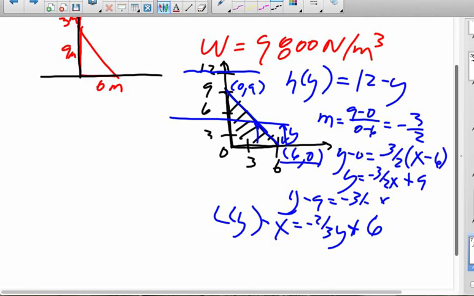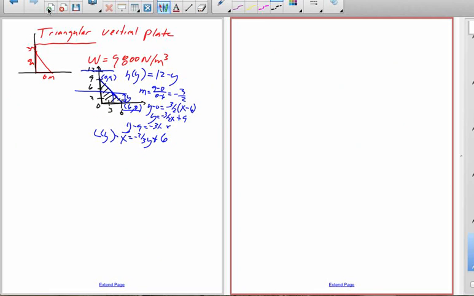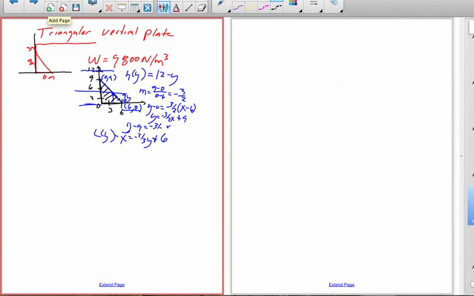Now we can get to the sexier part of all of this, which is actually doing our integration. Remember, I'm only interested in the depths over the plate, so my A is going to be 0 and my B is going to be 9. I have my 9800, and I only have one triangle. If you had another one out here like this, you would have done 2 times it.